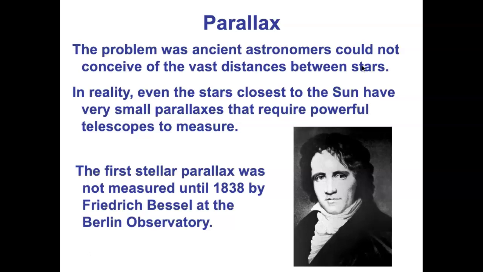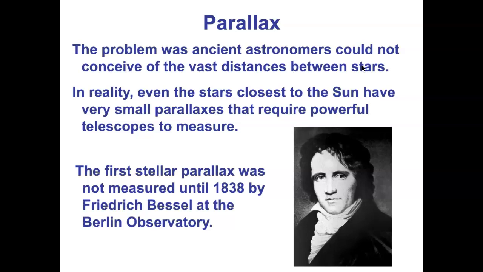The angular resolution of a telescope is the size of the smallest detail that you can see. Well, because our eyes are not very big, with the naked eye you can't see the tiny little parallax shifts that stars do. But with a telescope, you can see that, right?